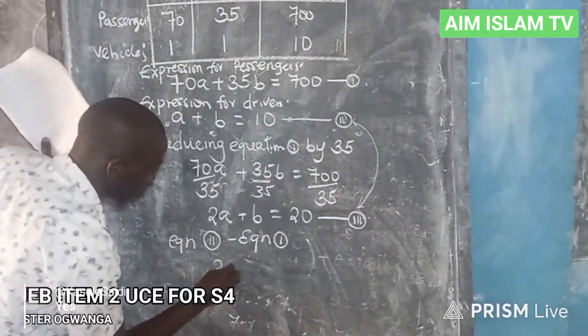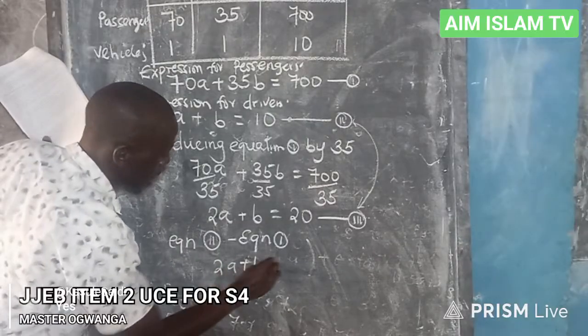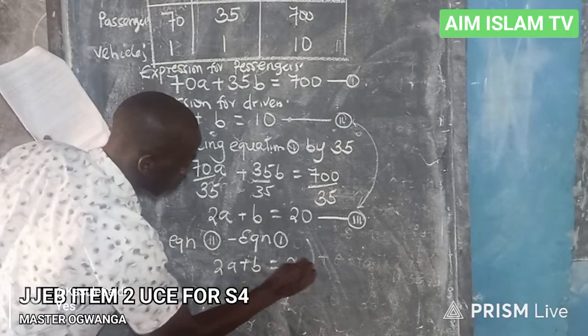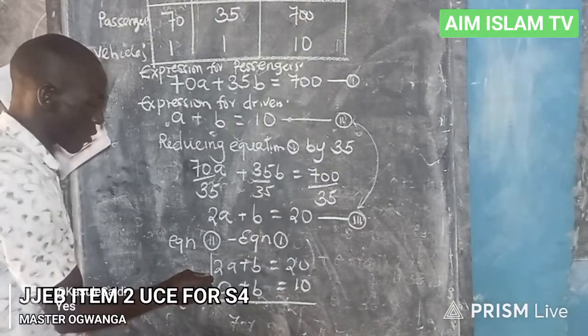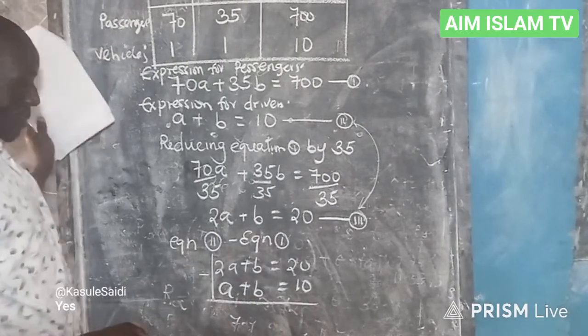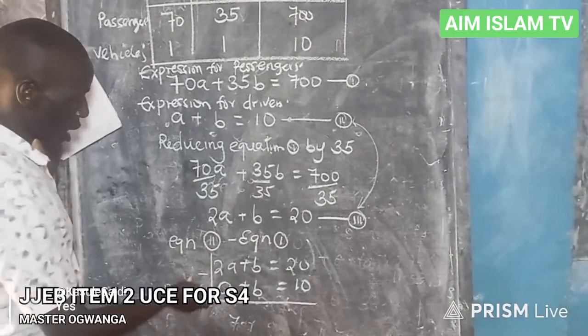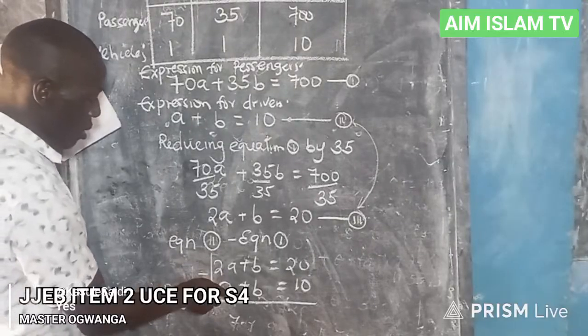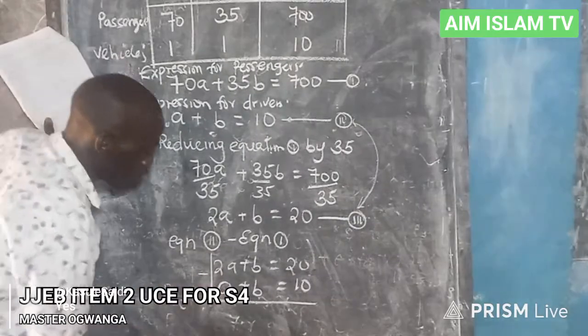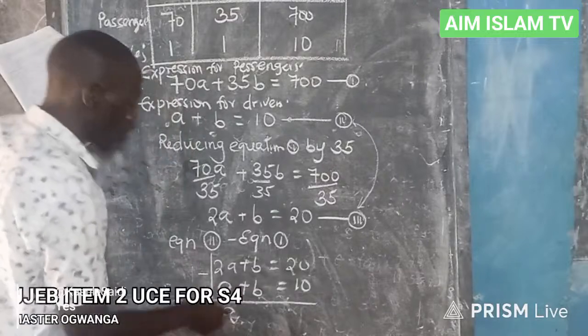So if I come to my 2A plus B, because we are going to subtract, we can say it is 2A minus A, which is the same as A.